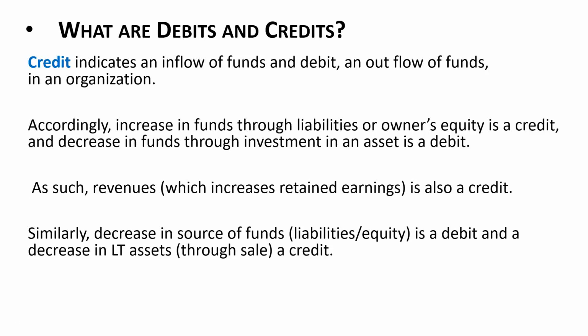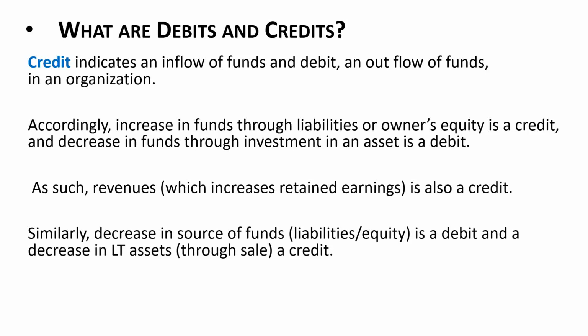So let me see. Decrease in source of funds. So that is decrease in asset, right? Is a debit because funds are leaving, right? And decrease in, so let me get this, decrease in source of funds, sorry. So this is like an accounts payable, and you are paying it off. That means funds are leaving. It's a debit.